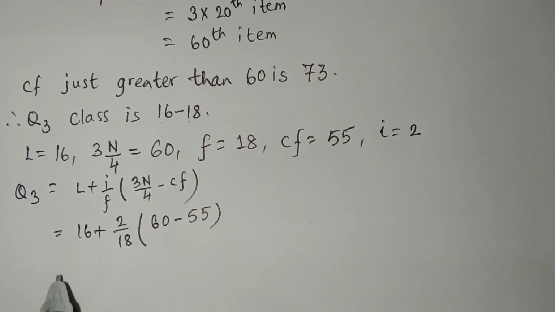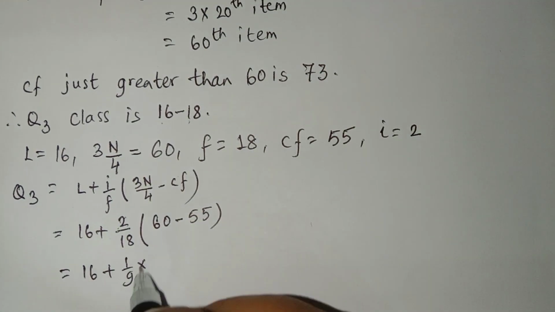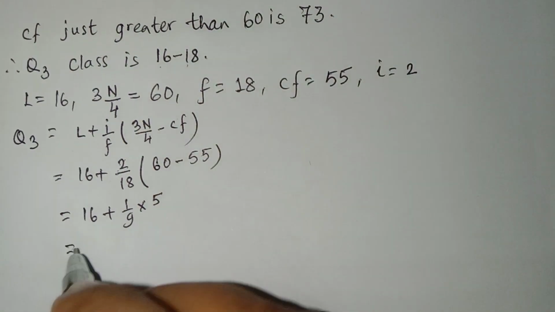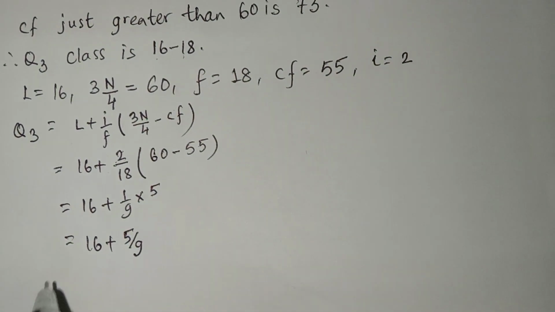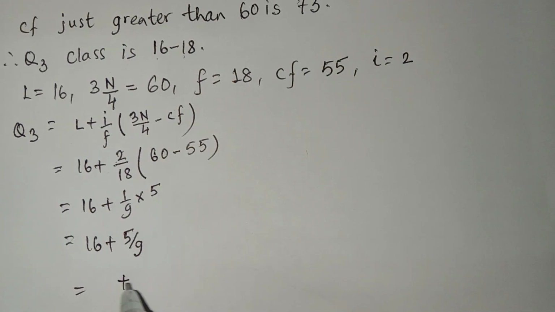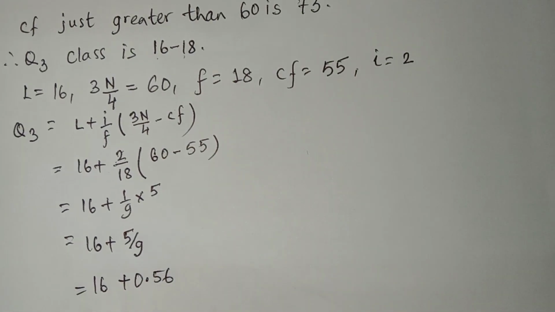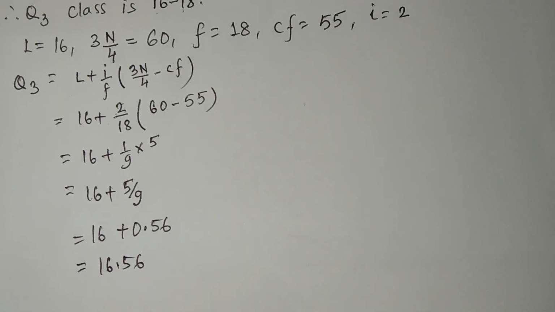So this is going to be 16 plus 1 by 9 times 60 minus 55 is 5. So finally I get 16 plus 5 by 9, and this will give me how much? Let me calculate. 5 divided by 9 is equal to 0.56. So 16 plus 0.56 gives us 16.56. Now we are done.